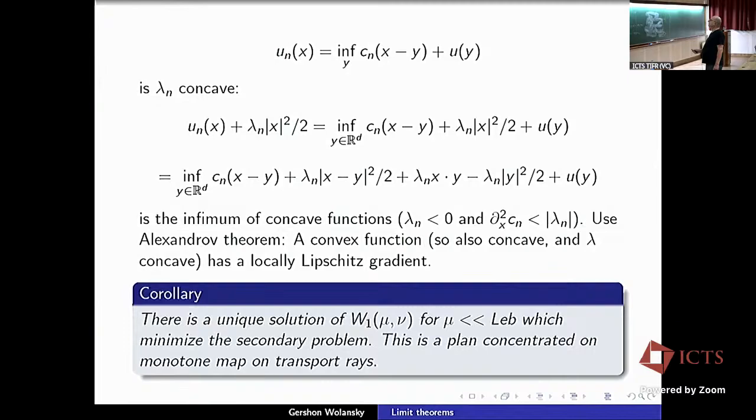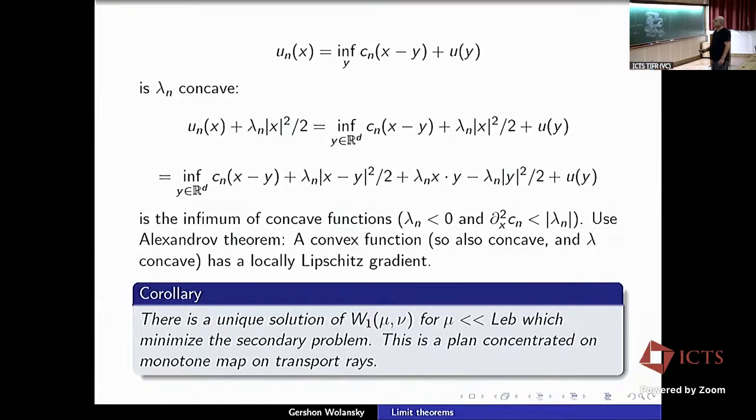This is a function of x. This is a linear function, and this is a lambda concave function in x. So it's the infimum of functions lambda concave in x. It's lambda concave. So what do we use here?